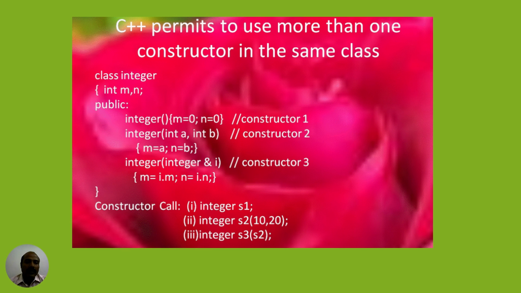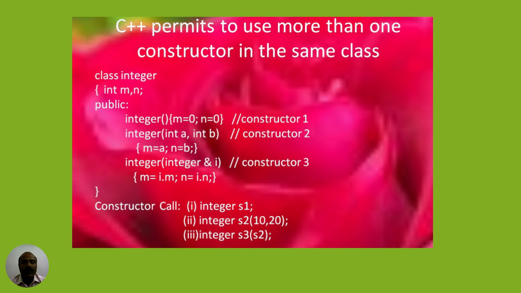The next constructor is like a copy constructor. Here we pass an object. s2 is an object of the class Integer. Here we create another object s3 and send the object s2 as the argument. The argument values of s2 are 10 and 20.